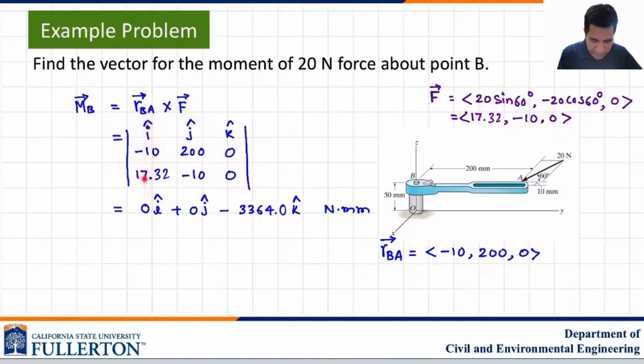For i, we get 200 times 0 minus 0 times minus 10, which is 0. For minus j, we get minus 10 times 0 minus 17.32 times 0, which is also 0. But for k, we get minus 10 times minus 10, which is 100, minus 17.32 times 200. That comes out to be minus 3,364.